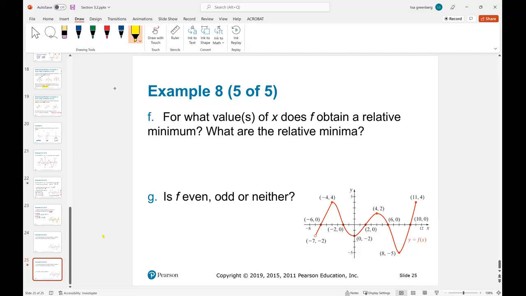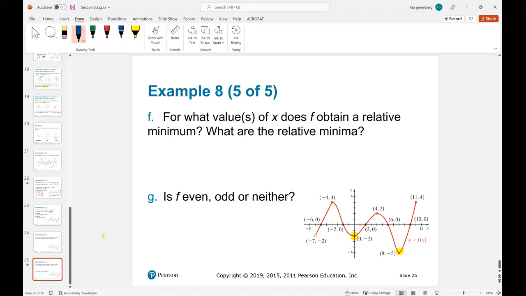And the endpoints, so this one I know what happens after, but I don't know what happens before. And this one I know what happens before, but I don't know what happens after. So I can't count those. All I'm going to count are the relative minimum are here and here. I only have 2.